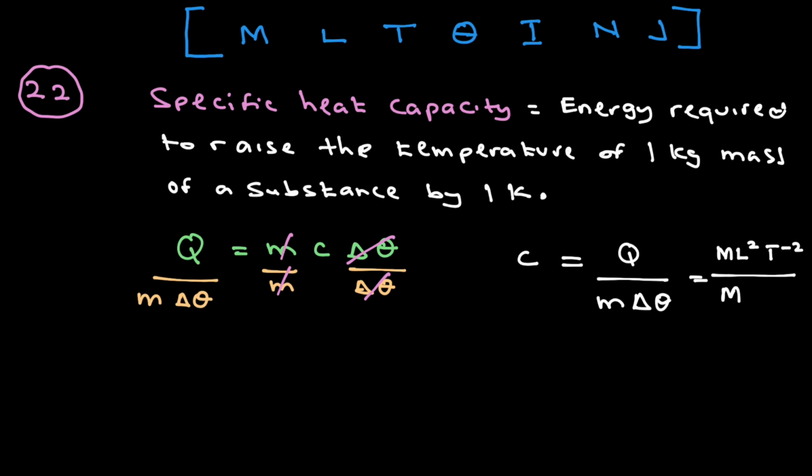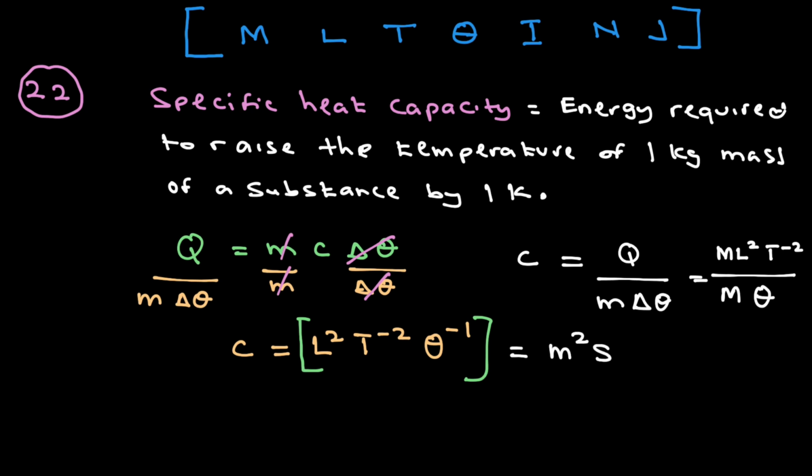So we can say C equals L squared T to the power minus 2 to the power minus 1. And that will be the dimension of specific heat capacity. And the unit for specific heat capacity will be meter squared per second squared per Kelvin. So we've got the unit and we've got dimension.